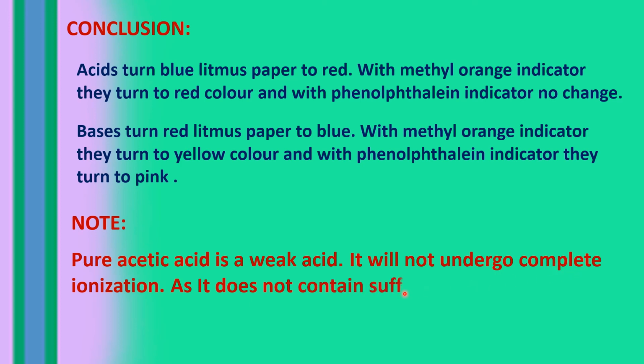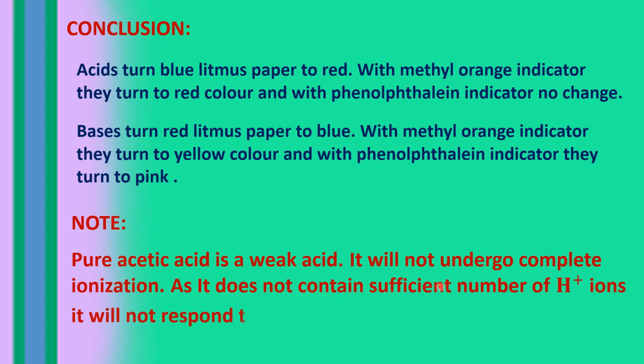Complete ionization will not take place in pure acetic acid. So as it does not contain sufficient H plus ions, it will not respond to the blue litmus paper. Okay, so we make a note of this. Only acetic acid solution will respond, whereas pure acetic acid will not respond to blue litmus paper.